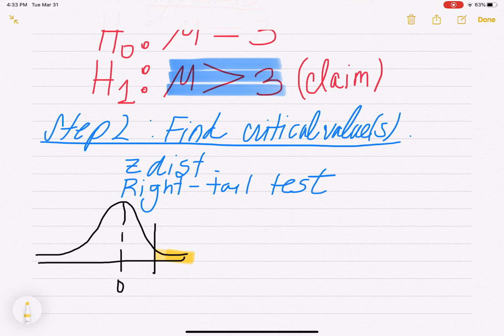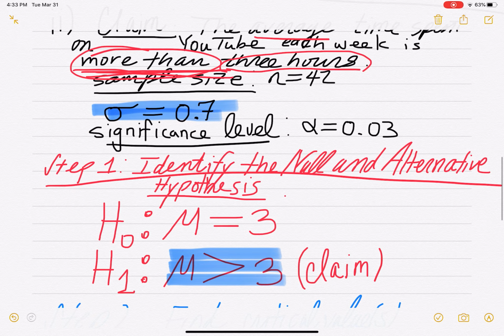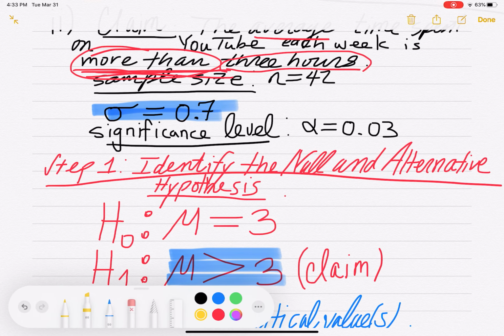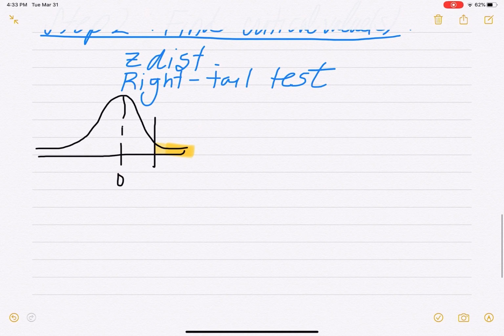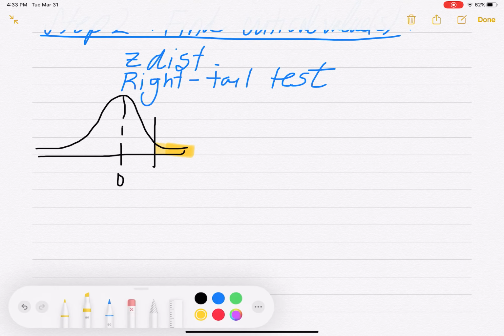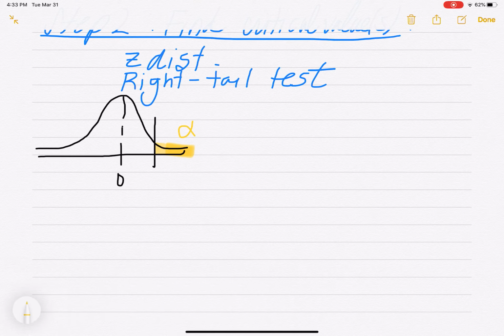That's the right tail. So how much area is in the right tail? Well, that's the significance level, the error we're going to test. There's 0.03 in the right tail. So the alpha here is 0.03.